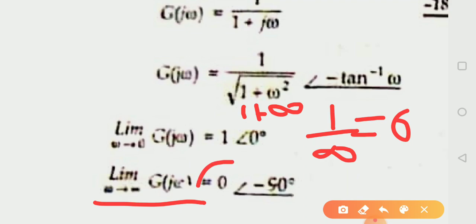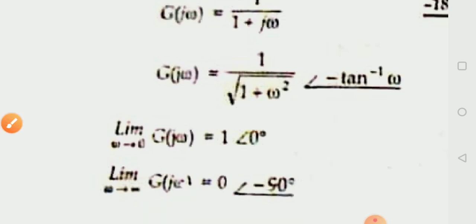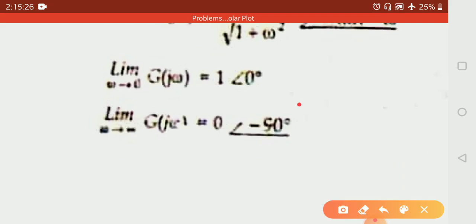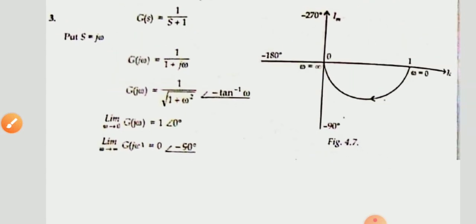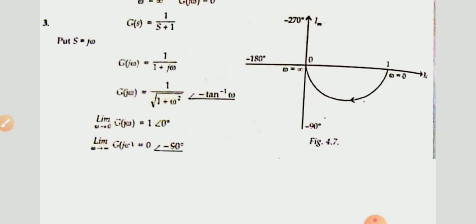So here the magnitude is 0, and for the angle we get minus tan inverse infinity. At what angle is tan infinity? It is 90 degrees. So here we take the angle as minus 90 degrees. Now we plot the polar plot for these values.